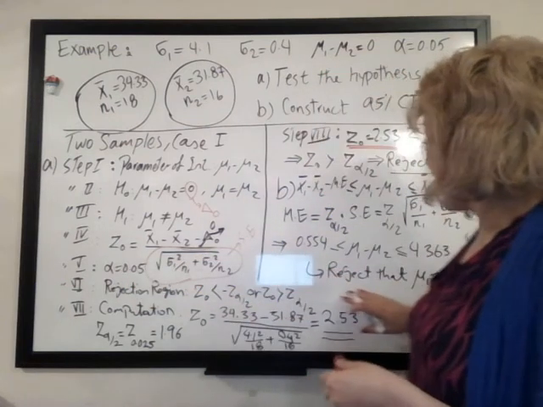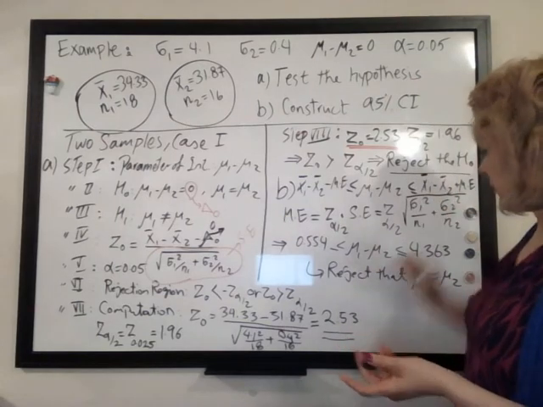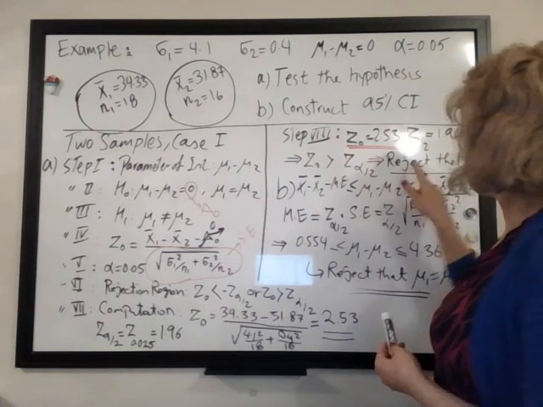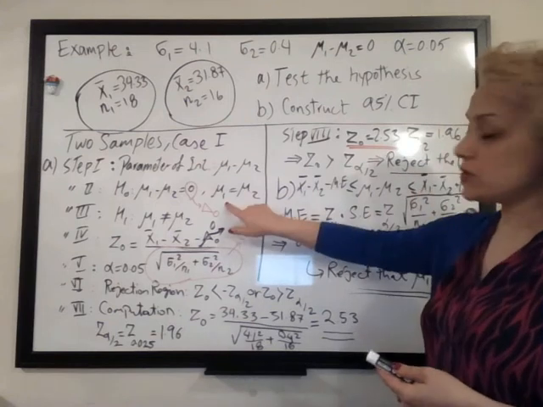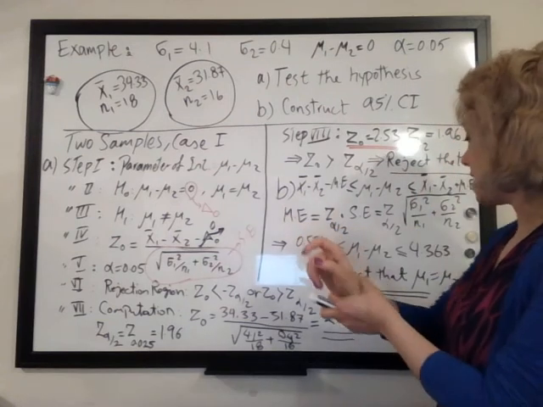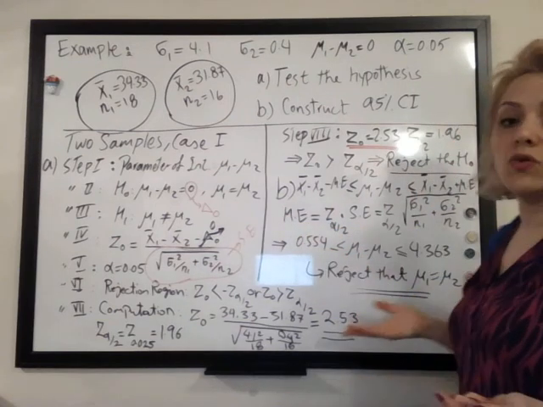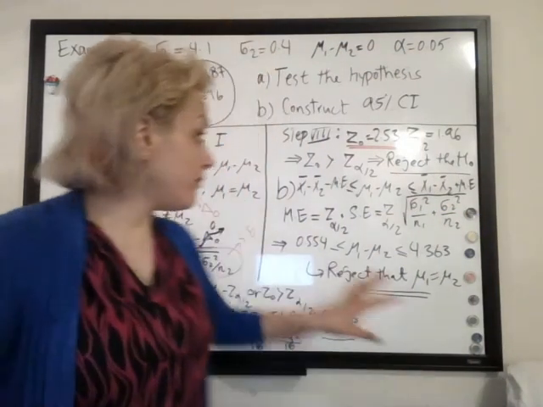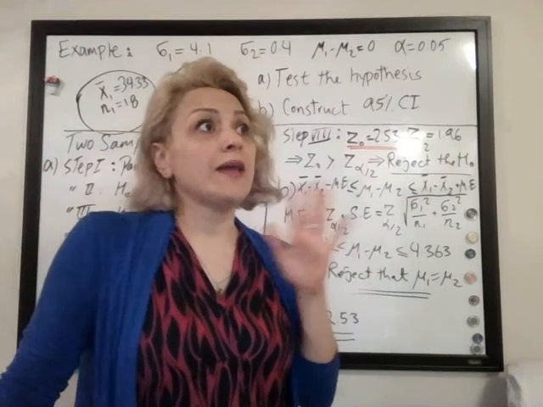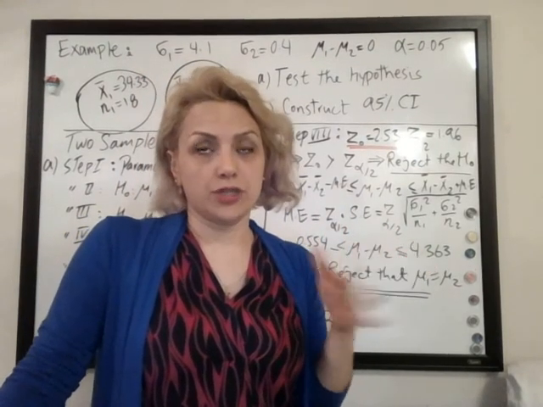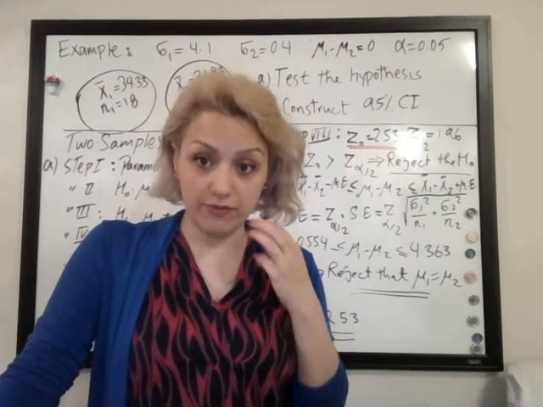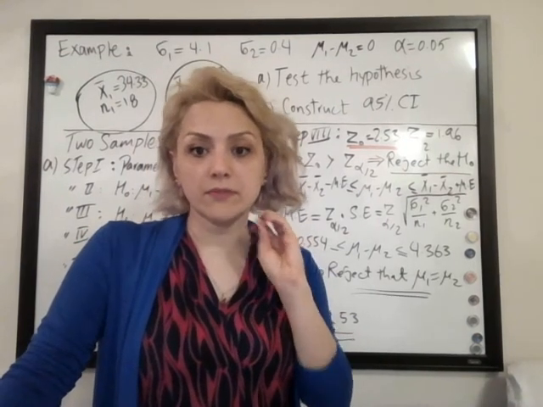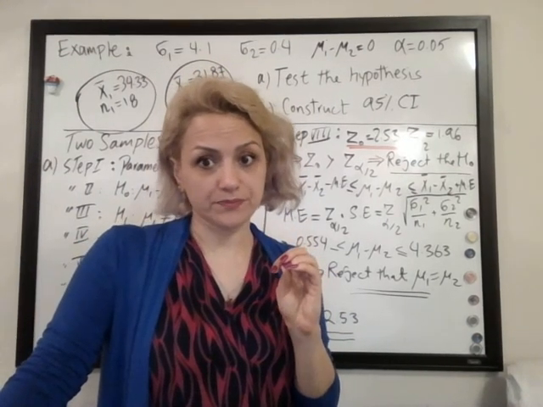For both of them, we have the same conclusion. Here we reject the null hypothesis, which was mu1 equal to mu2. And here we reject that mu1 is equal to mu2. Okay, so we can make a good conclusion here generally. When we do the confidence interval or hypothesis test, we are going to get the same answer.